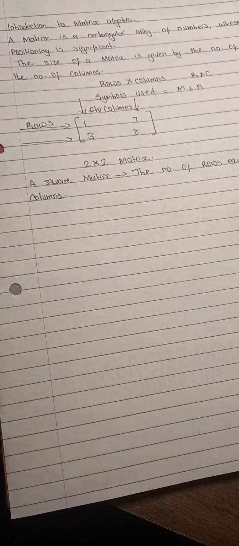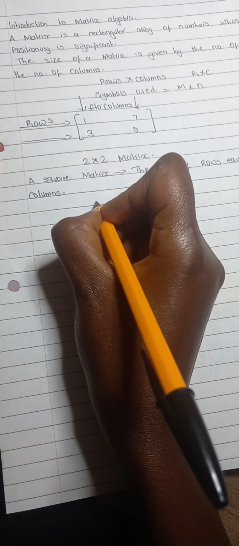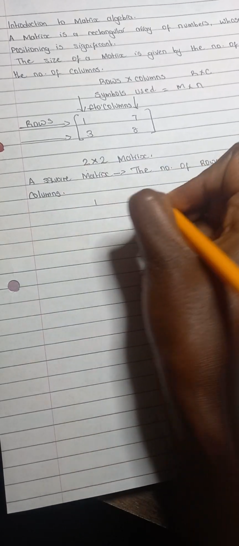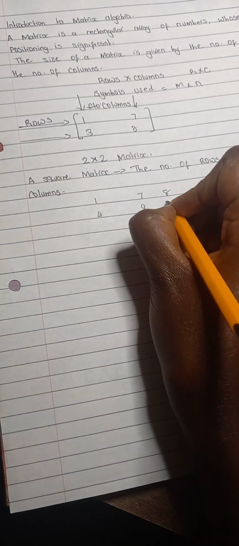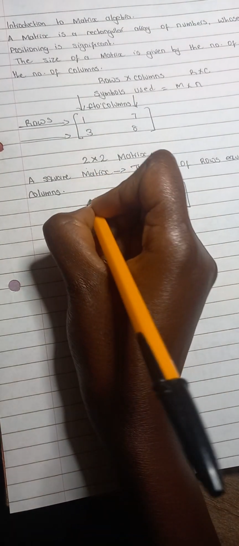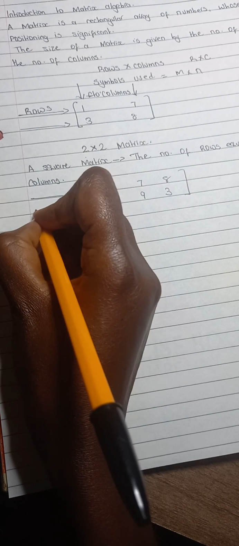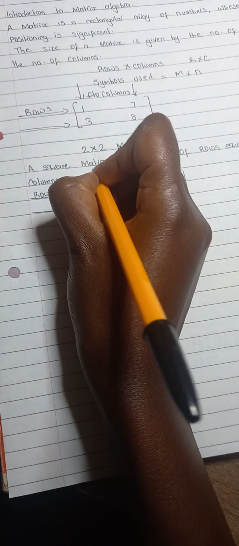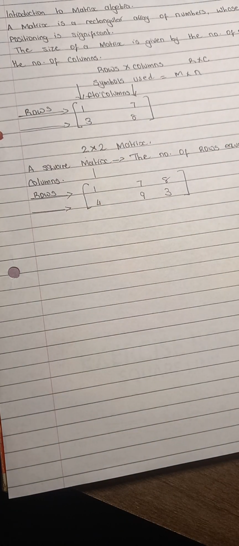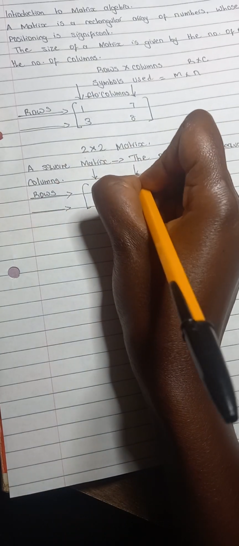Now let us look at a matrix with the following numbers: 1, 7, 8, 4, 9, 3. Now that's just an example. Remember, the following are the rows, and these are the columns.